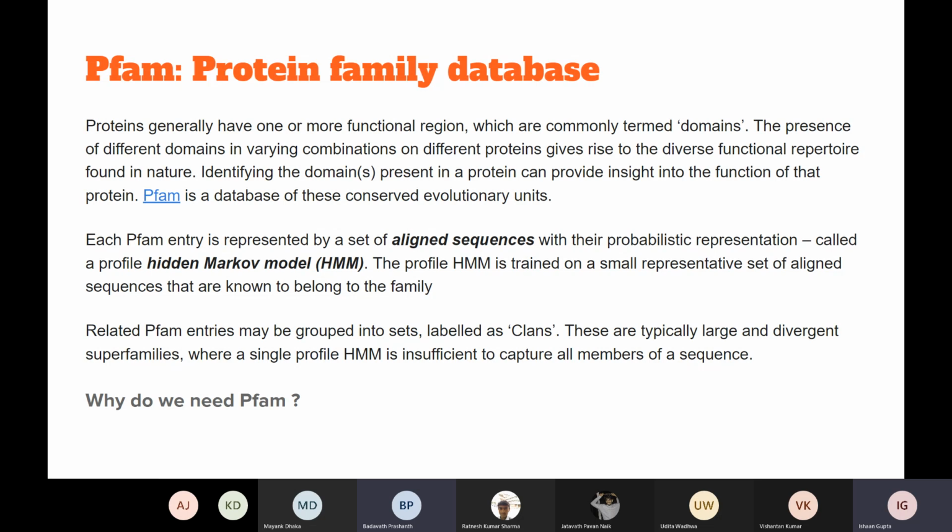So for each Pfam entry, if you have a protein entered in Pfam, each entry is basically represented by a set of aligned sequences. Just like you had a motif matrix, you will have a set of protein sequences piled up one over the other in the form of an aligned sequence matrix. And this being probabilistic, each one of these letters will then be converted into frequency space, and then from that frequency space it will be converted into what's called a hidden Markov model.